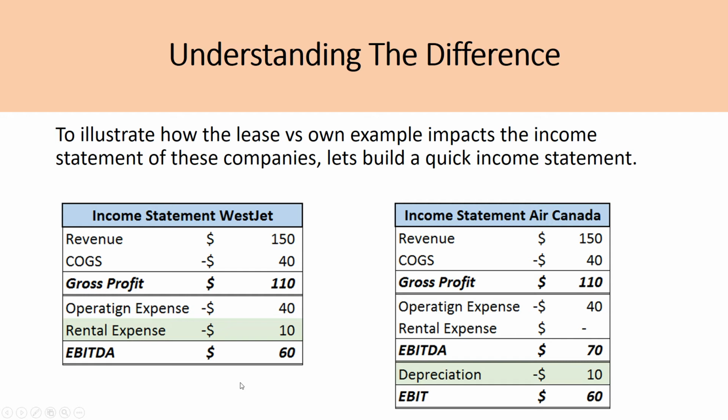And also imputed interest, which we'll learn later on. So you're converting an operating lease into a capital lease to then compare WestJet and Air Canada fairly. So that's the adjustment that you're making. And we're going to learn how, in accounting terms, that is done, okay?